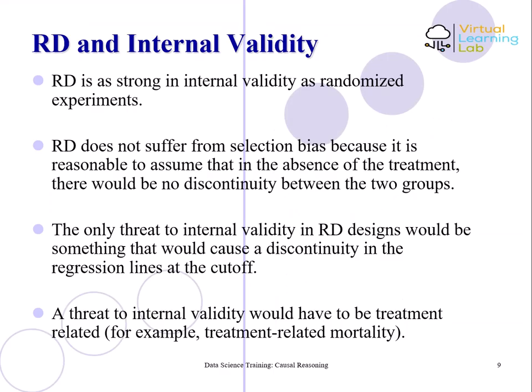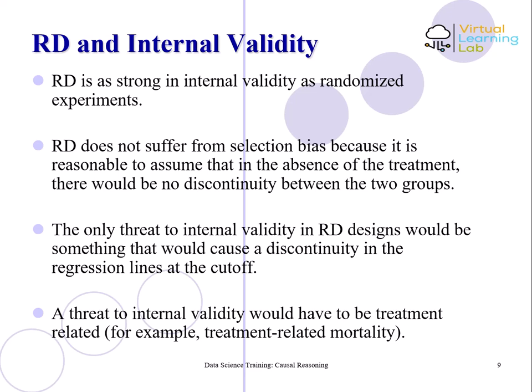So in terms of internal validity, which is the ability to make a causal statement about the intervention, the regression discontinuity design is as strong as randomized experiments because it controls for selection bias. That is, there is no possibility of omitting the confounder, given that the assignment at the cutoff is similar to random because it's due to measurement error.